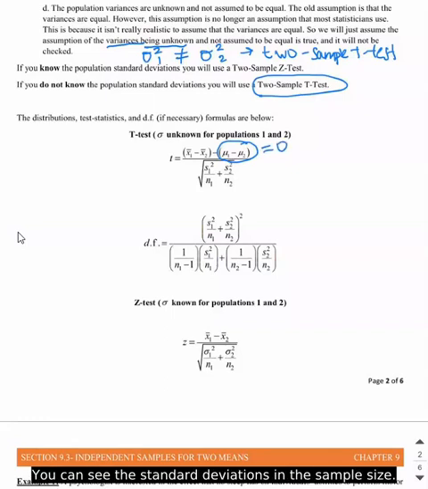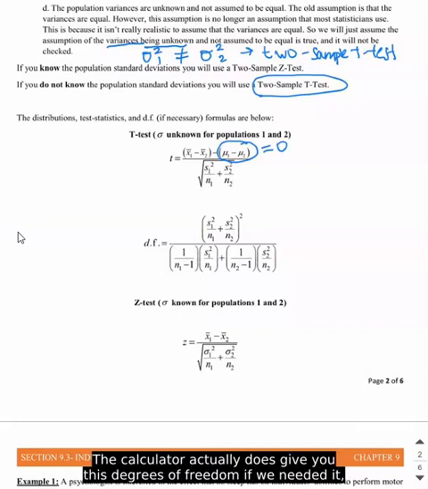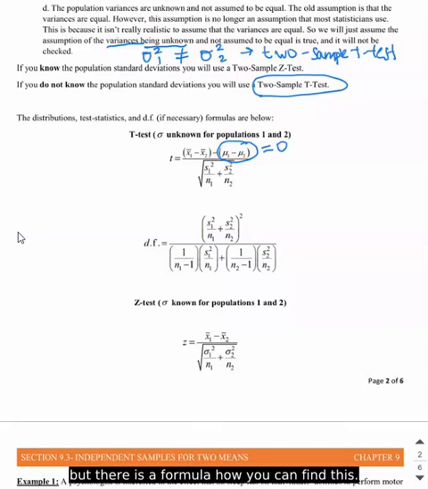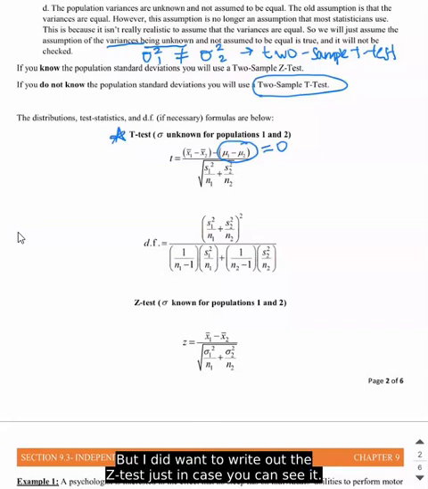And you can see the standard deviations and the sample sizes. Our degrees of freedom is a little crazy here. The calculator actually does give you the degrees of freedom if we need it, but there is a formula for how you can find this. So this is the one we're going to use for our hypothesis test, but I did want to write out the z-test just in case you want to see it.